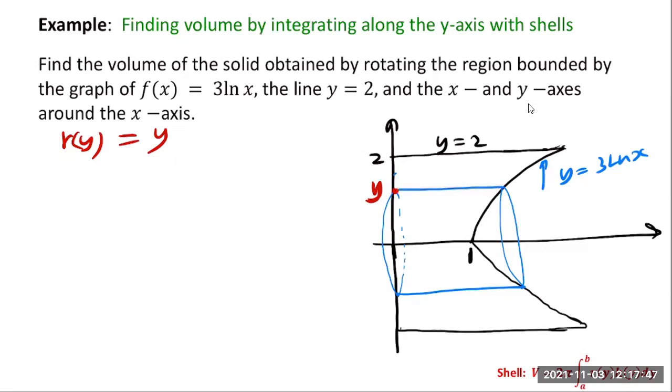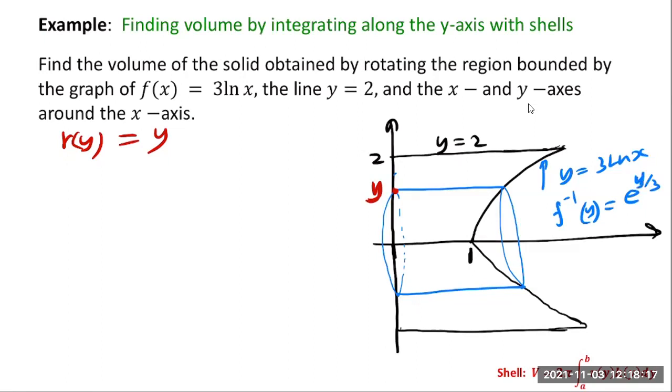In other words, this is the x value, and you need to find this x value in terms of y. All you need to do is find the inverse of this function. We found the inverse of this function in the previous example actually. F inverse of y is going to be e to the power y over 3.